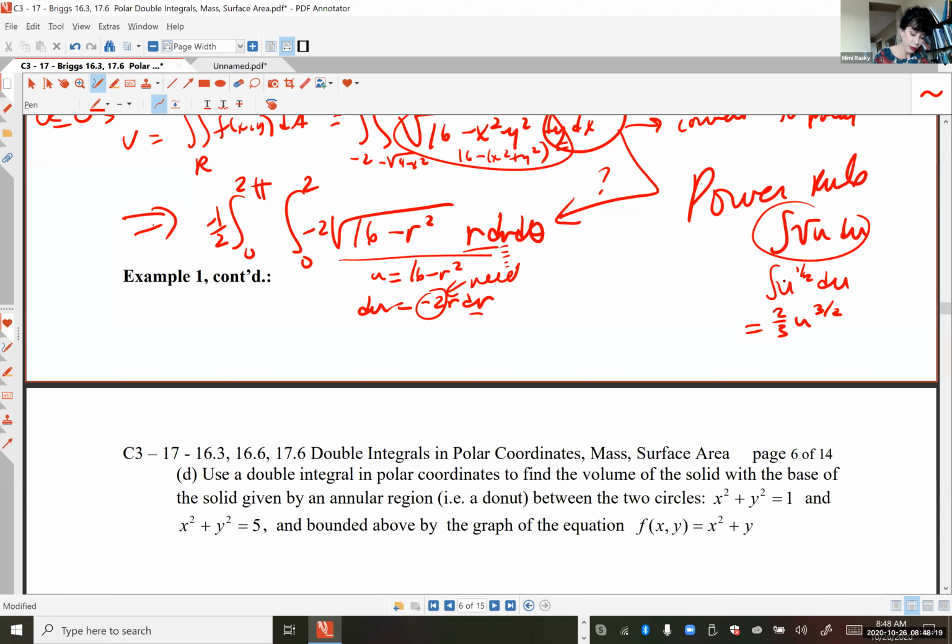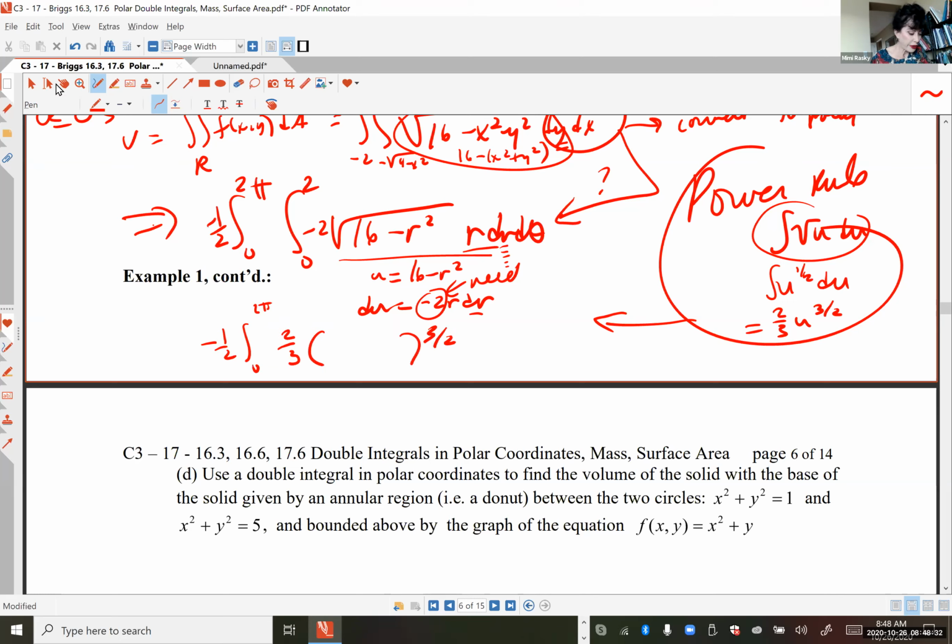So this is going to help us over here. And so we're going to use that. We're still going to have this -1/2. We still have the outermost integral. And then when we plug our u back in, which was 16 minus r squared, we'll evaluate that between 0 and 2.